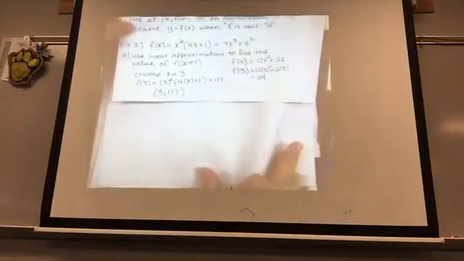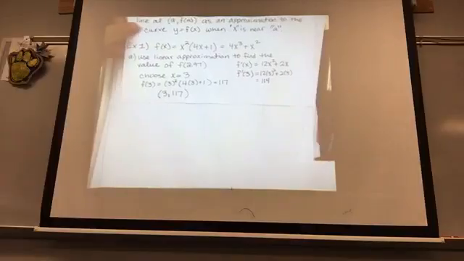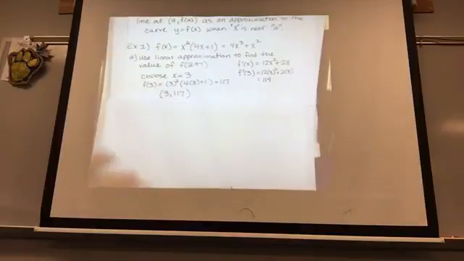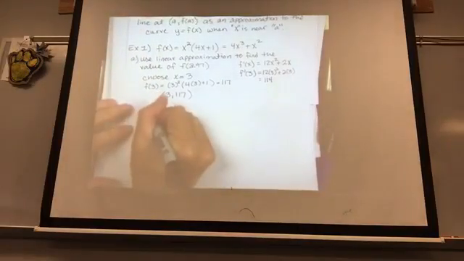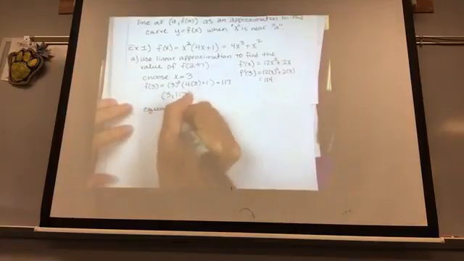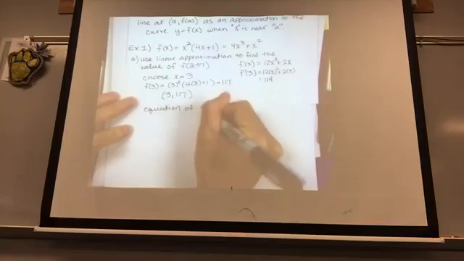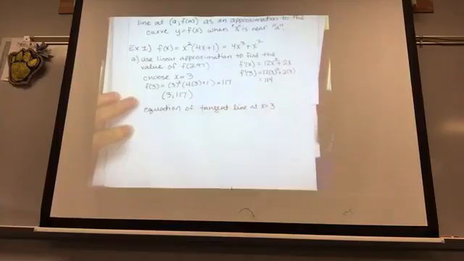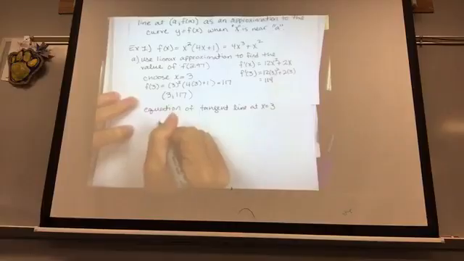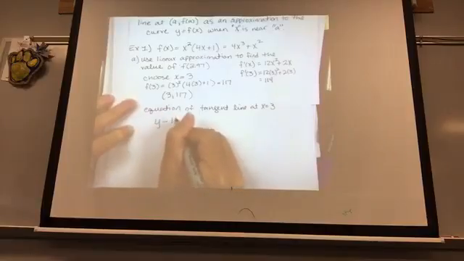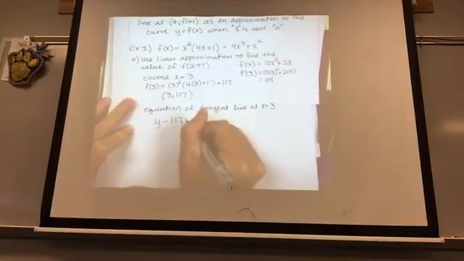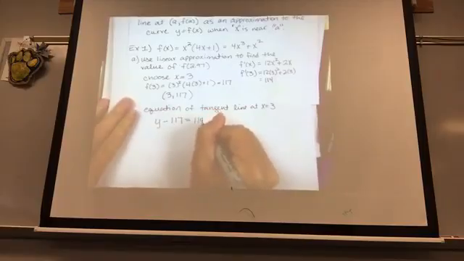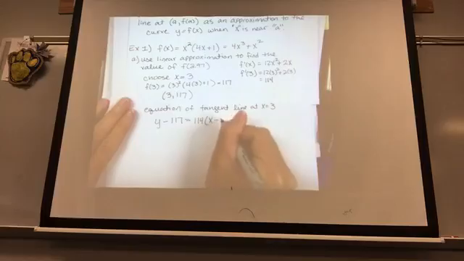So now I can write the equation of the tangent line at x equals 3. The equation of the tangent line at x equals 3 will be y minus 117 equal to 114 times x minus 3.